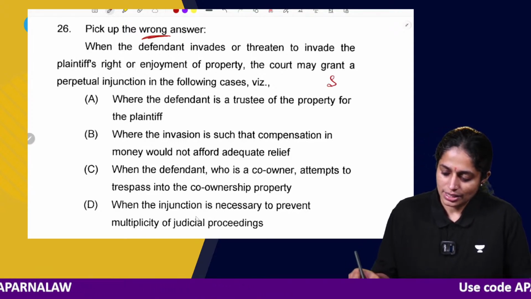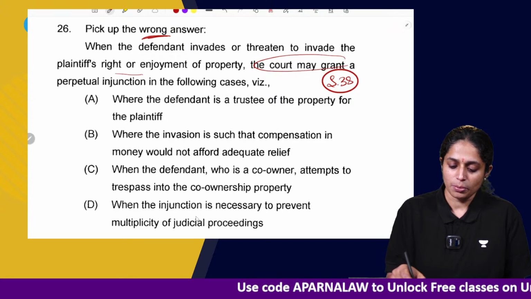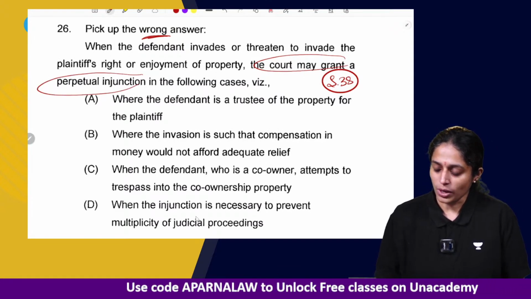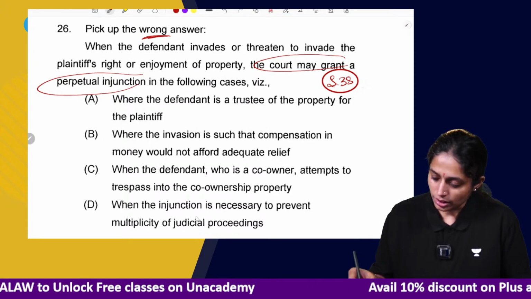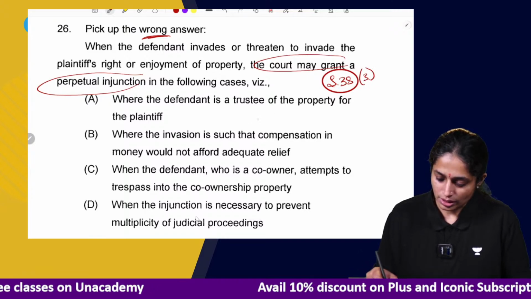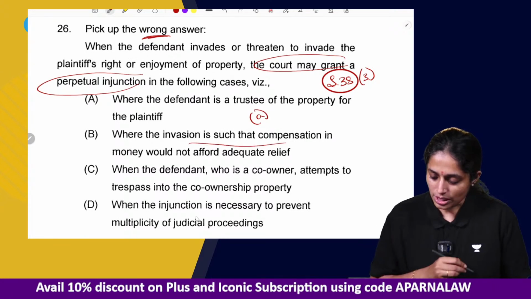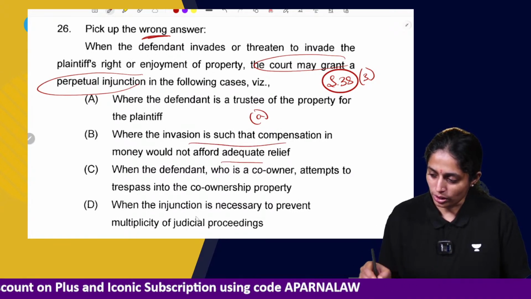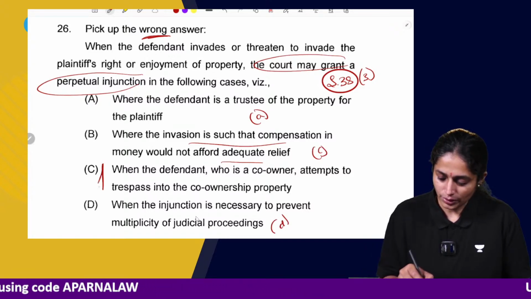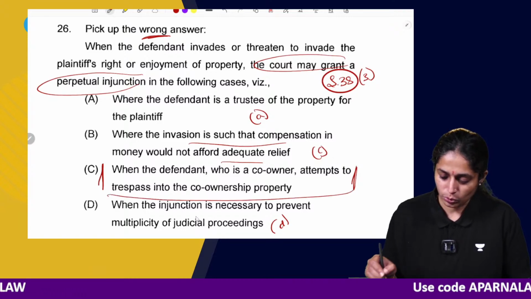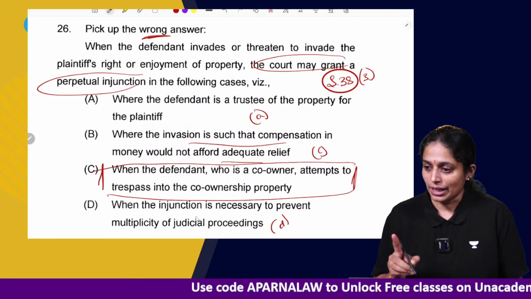So, section 38 of the Specific Relief Act says when a court can grant a perpetual injunction. Under various provisions, this is section 38 subsection 3, this is clause A, where the defendant is a trustee; clause B, where invasion is such that compensation in money would not afford adequate relief; then this is D. Only this is not there: when a co-owner attempts to enter into the property, an injunction can't be granted against that.